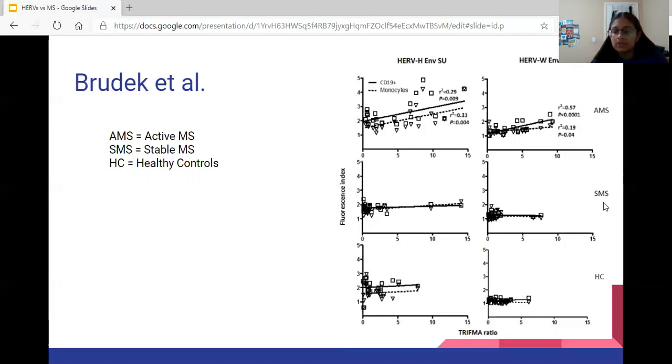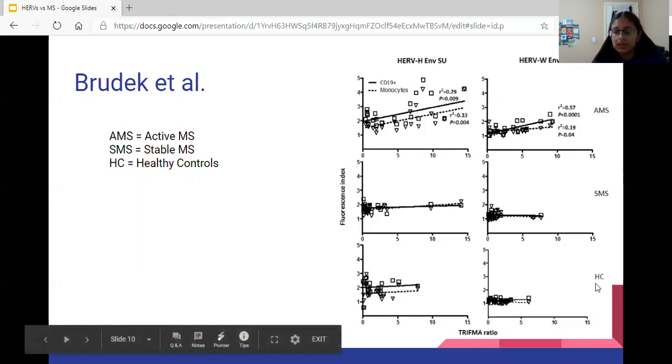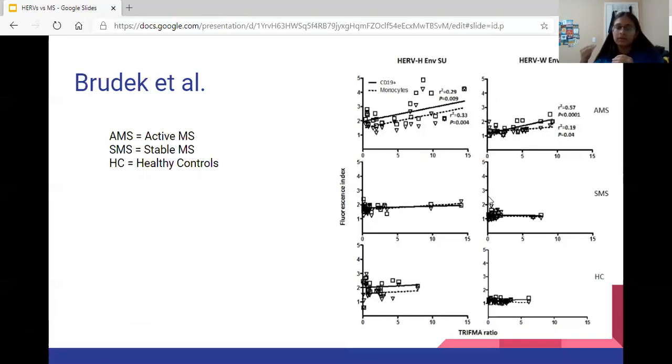So in the healthy control, HC, and then stable MS patients, as the amount of antibodies they injected increased, the amount of immunofluorescent activity, which is basically how many antigens there were, stayed stable.